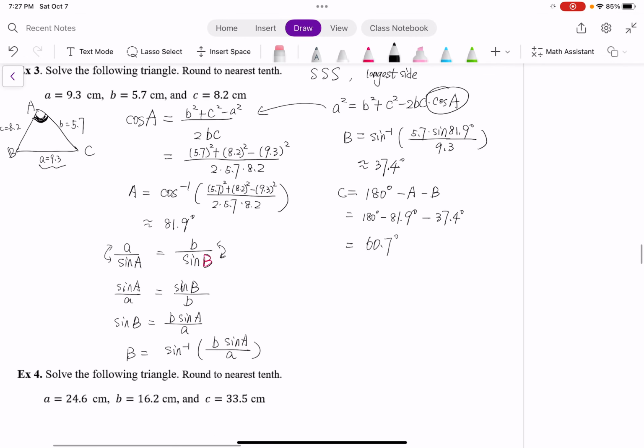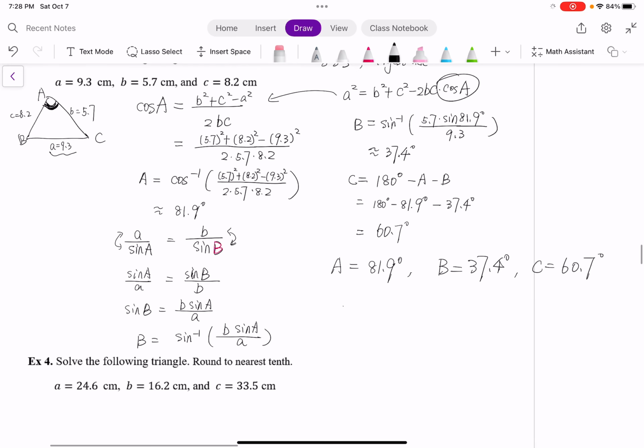Now I have three angles and the three sides, because the three sides are given. I can list it here: A equals 81.9 degrees, B equals 37.4 degrees, and C equals 60.7 degrees, and a is 9.3 centimeters, b equals 5.7 centimeters, c is 8.2 centimeters.